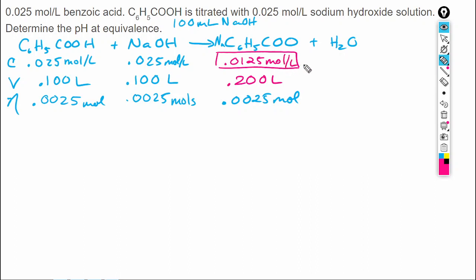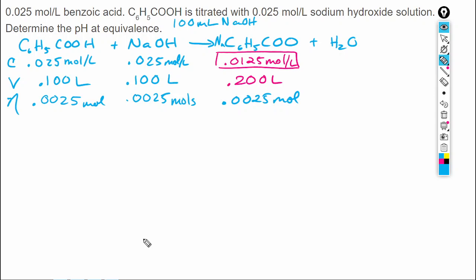There's my concentration of the salt. So that's all the grade 11 mole ratio and balanced chemical equation half of this.